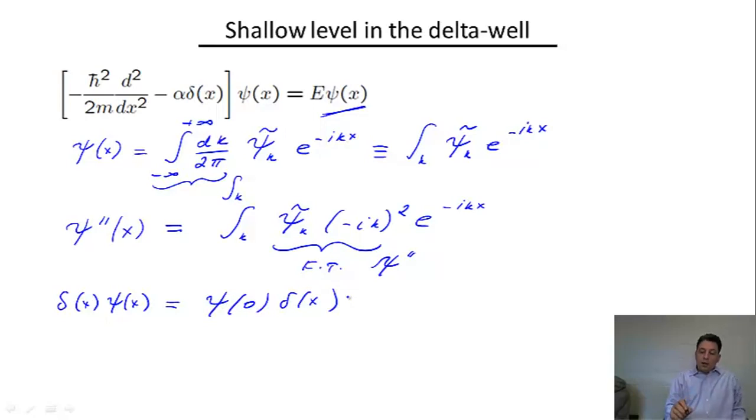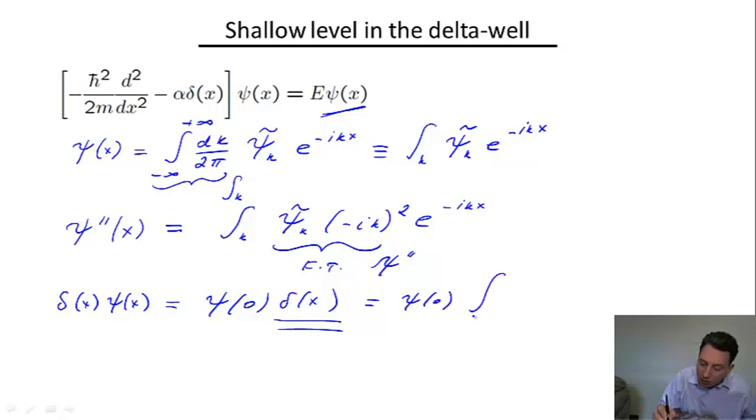And the Fourier image of delta of x, as we discussed in the previous slide, is simply equal to 1. So we can represent this as psi of 0 times an integral over k, again from minus infinity to plus infinity, of e to the power minus ikx. That's it. This is the way we can write this equation.